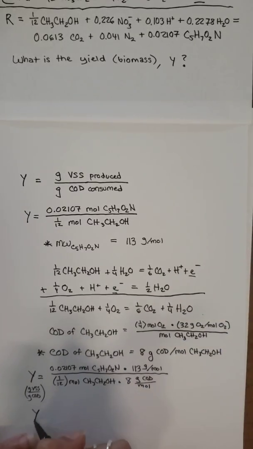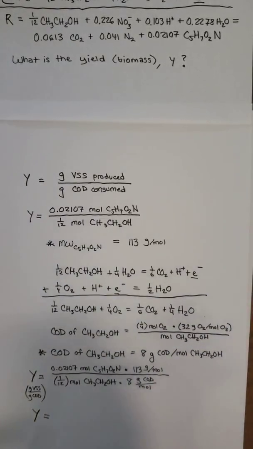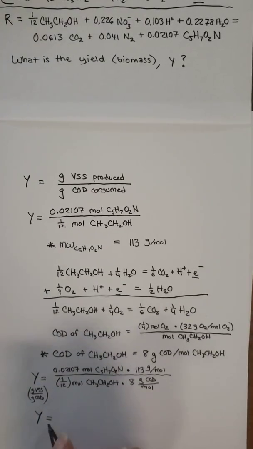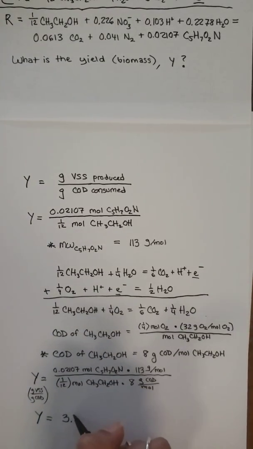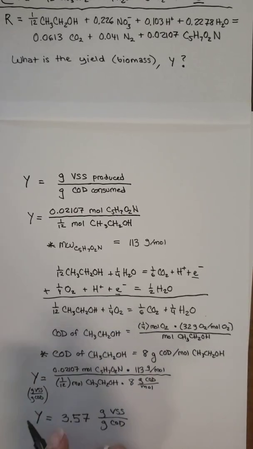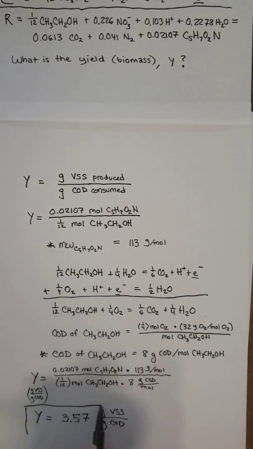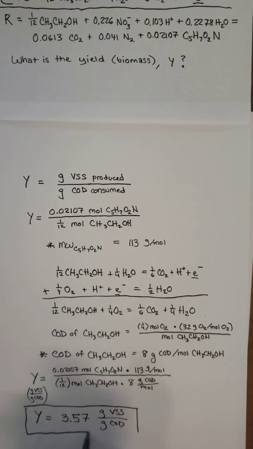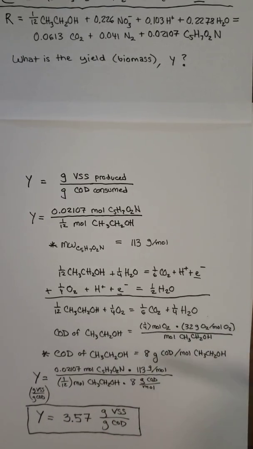And then we can do that calculation, and we should get Y is equal to 3.57 grams VSS per gram COD. So based on the stoichiometry, we can figure out how much biomass in terms of grams VSS is produced per gram COD consumed.